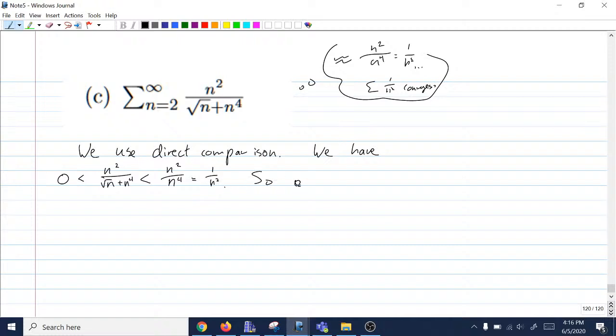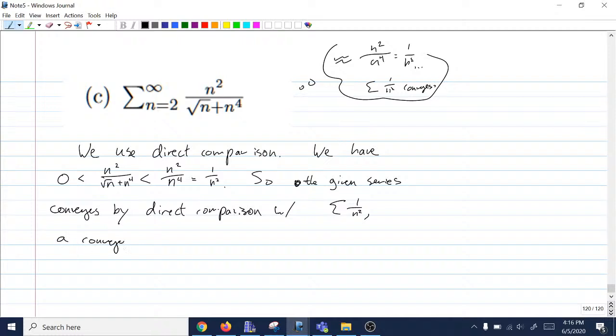So our series, the given series, converges by direct comparison with the sum of 1 over n squared, a convergent p-series. We know this thing converges because it is a p-series, and our thing converges by direct comparison with it. Cool.